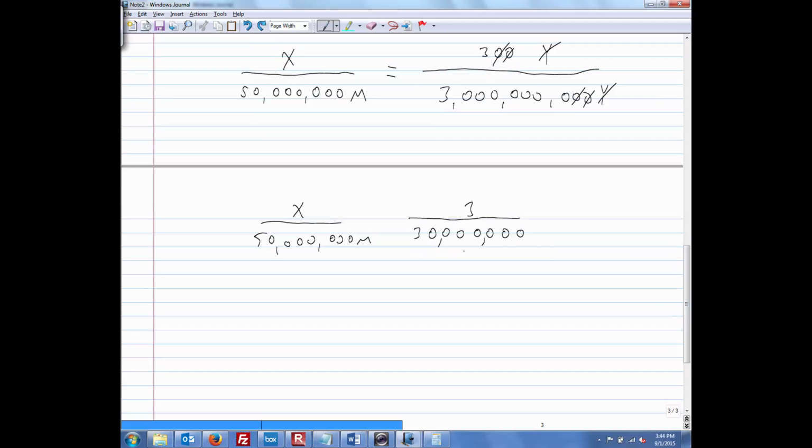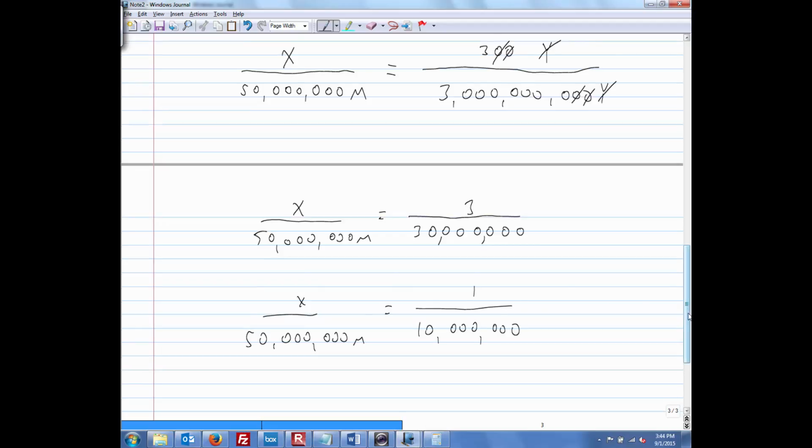And from there, hopefully by now you can see it's about a 10 million to 1 ratio. I guess you could write it out one more time if you wanted to. 10 million to 1 ratio equals x over 50 million minutes.